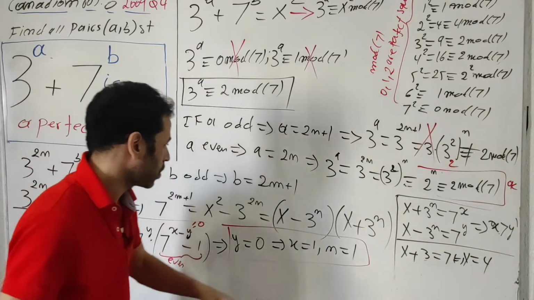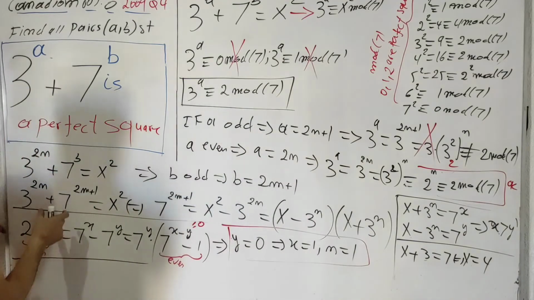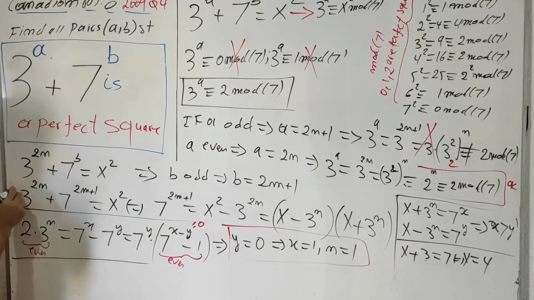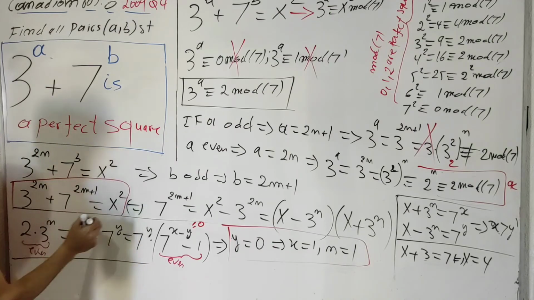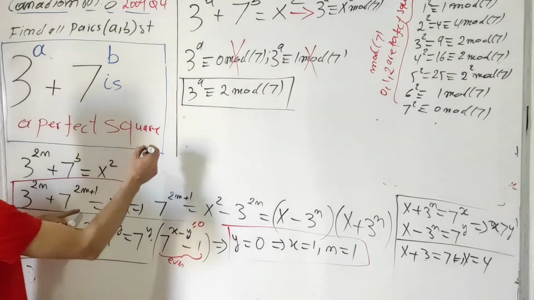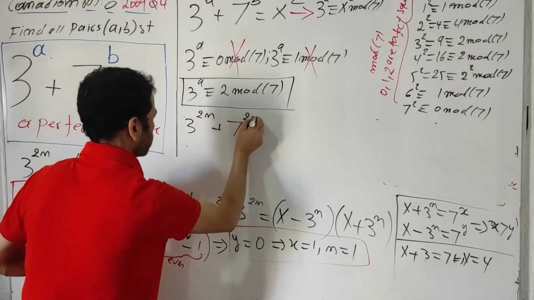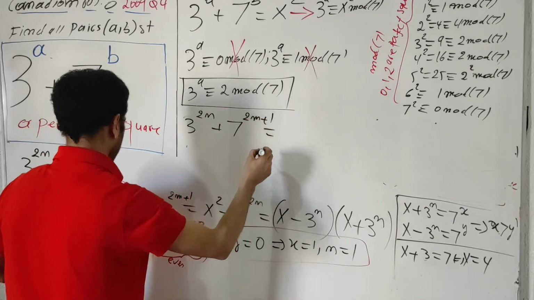Now I'm going to take this value of x and insert it into the original equation, which is this one: 3 to the 2n plus 7 to the 2m plus 1 equals x squared.